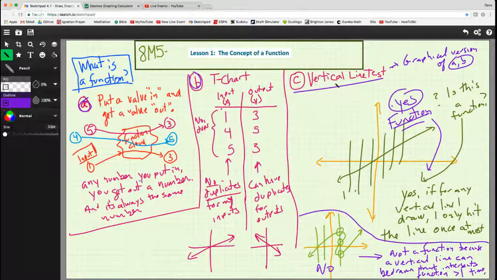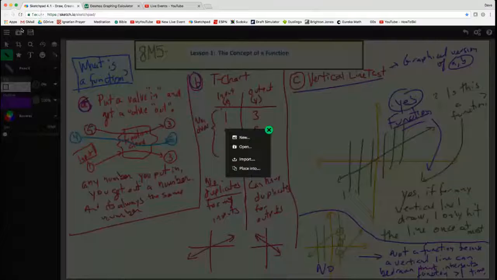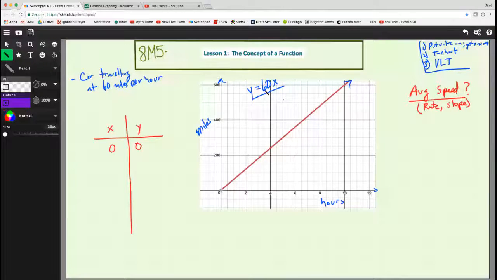Okay, so let's get a little bit more specific with these functions. And let's talk about a function. We're going to talk about 2 functions. On the first screen, we're going to talk about a function that you already know. Okay, what is this? This is straight out of 8 and 4. This is a linear function. So we use this word linear function and linear relationship all over the place.